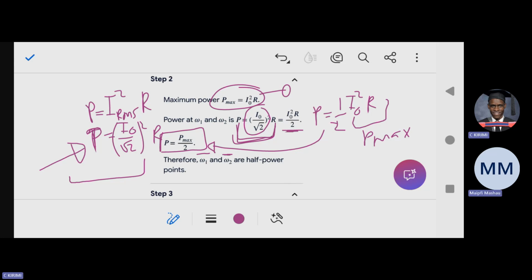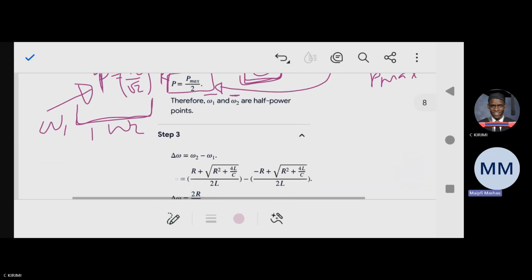That's what we are showing: this power is the power at points W1 and W2. Get it? That's all. That's how you're supposed to deal with this one. And this one was part A, isn't it? Yeah, that was part A.